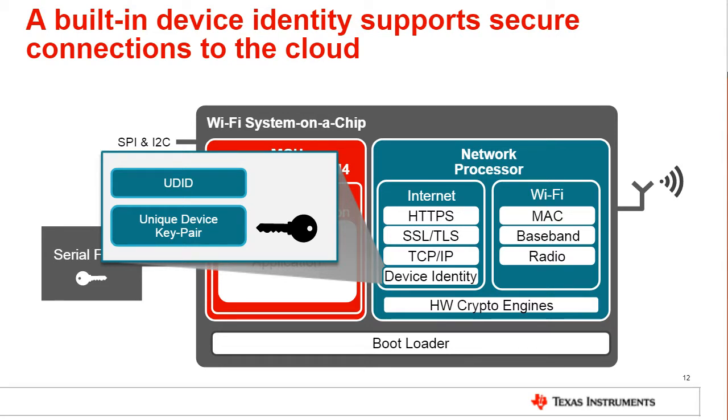But to be able to do that reliably, you want to have unique identities built into your Wi-Fi devices, so you can make sure that only systems you produce are connecting to your cloud instance. And a good device identity is based on two main components. There can be a unique device ID, or just generally some unique number that's used by the device to uniquely identify it.